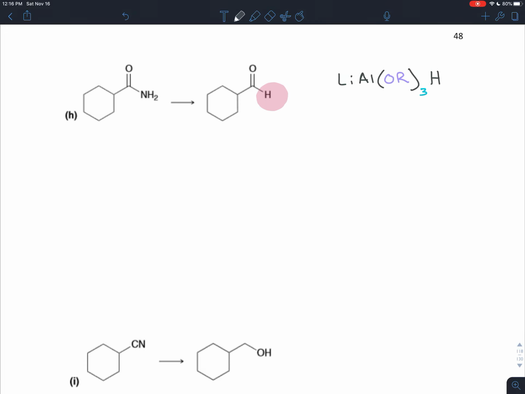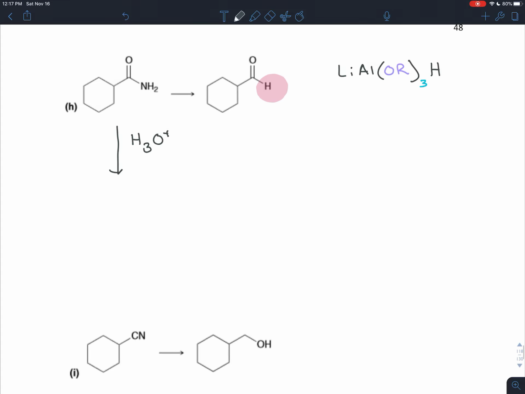But to improve efficiency, we want to turn this into an acid chloride. So the first step to doing that is acid-catalyzed hydrolysis of an amide. Just treat it with H3O+. We drew the mechanism for that a whole bunch of times. And so we can get this carboxylic acid from that.